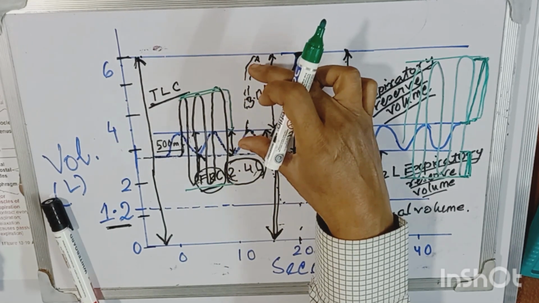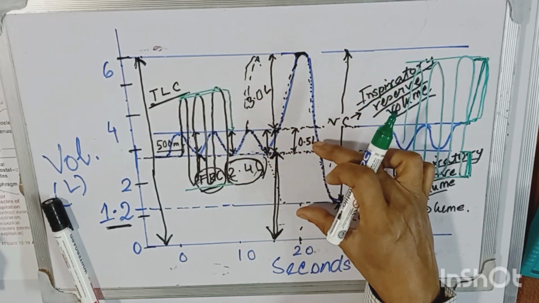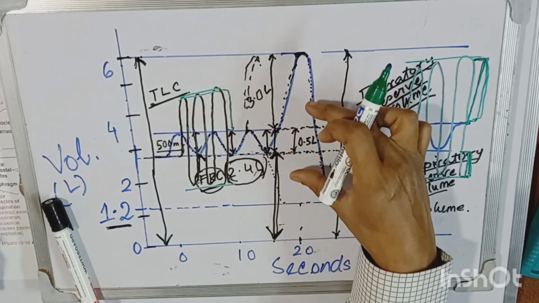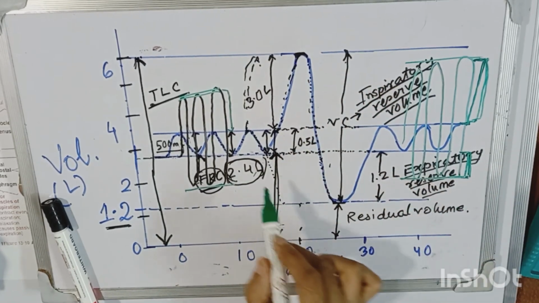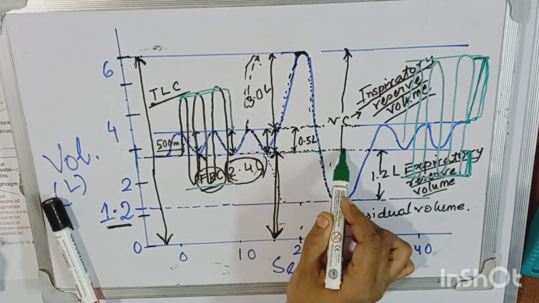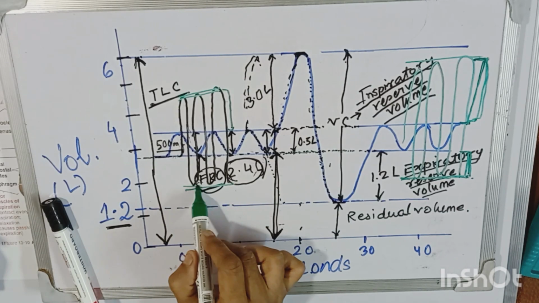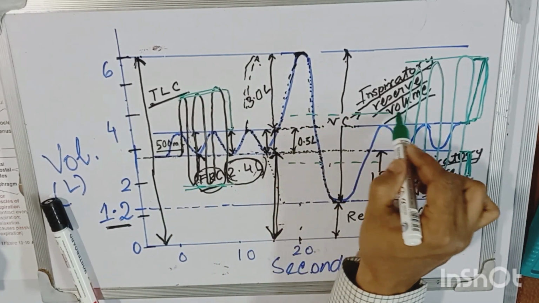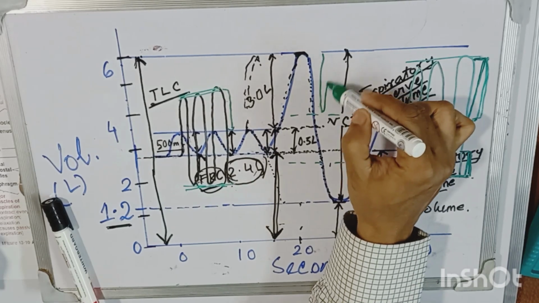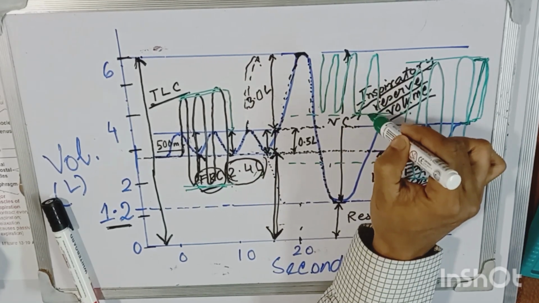So what is the difference when the fractions go different in different persons? When you are coming down to a certain level, the FRC line is getting here. Say the FRC line is here. So you are breathing heavily here, and your FRC line is here.